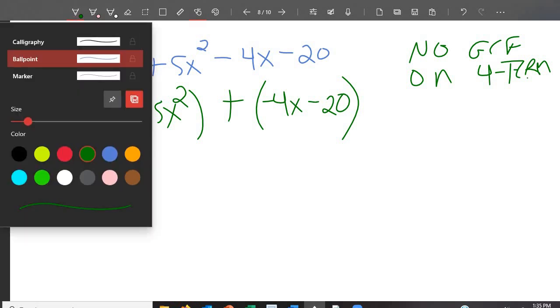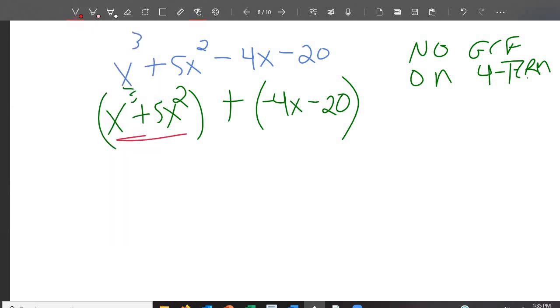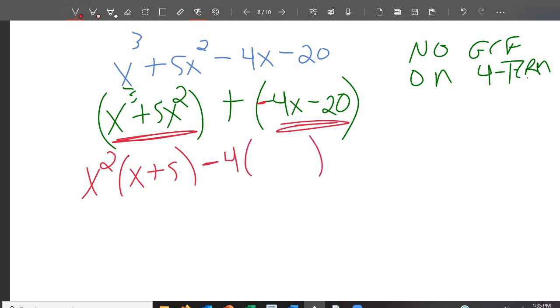Then we're going to take each parenthesis separately and factor. This one we can pull out an x squared. We're left with x plus 5. This one, pay attention, there's a minus sign here. So my GCF will be a -4. That gives me x plus 5.